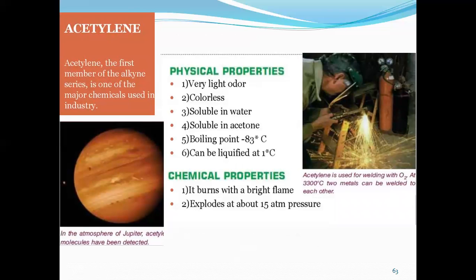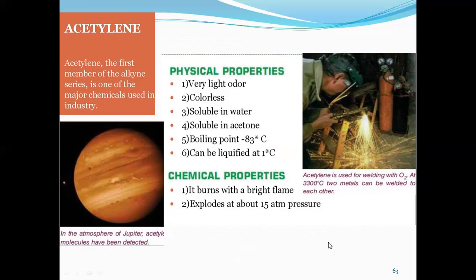This acetylene is the first member of the alkyne series, and it is the simplest one, and one of the major chemicals used in the industry. In the atmosphere of Jupiter, acetylene molecules have also been found to exist.